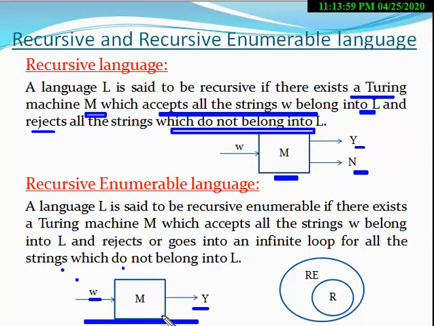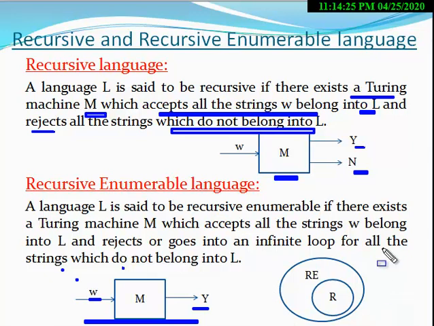So look at these two Turing machines. If the language is recursive, then this type of Turing machine can be designed. But if the language is recursive enumerable, then this type of Turing machine will be designed. Okay? Now we discuss the relationship between recursive language and recursive enumerable language.